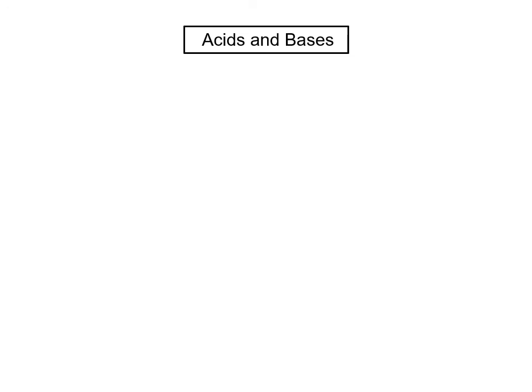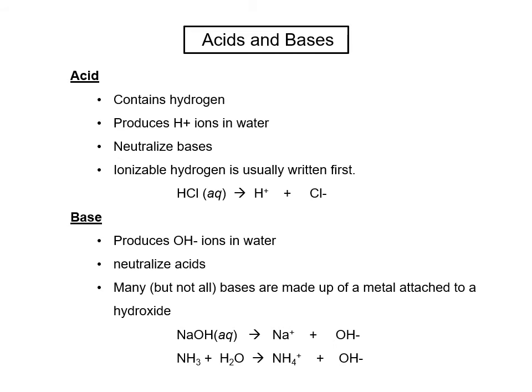So now we're going to talk a little bit about acids and bases before we learn how to name them. So acids contain hydrogen. And when we put acids in water, they produce H+, which is actually just a proton in water.